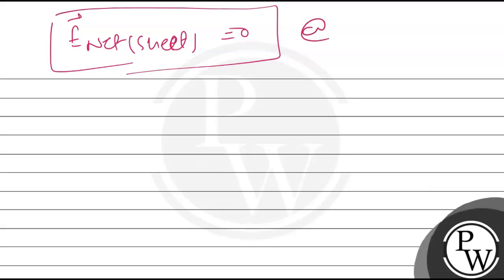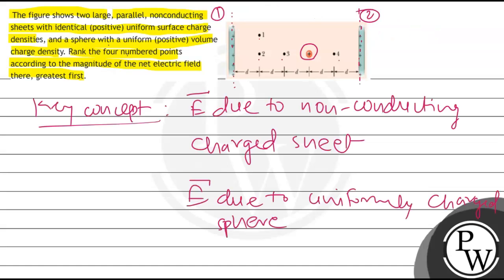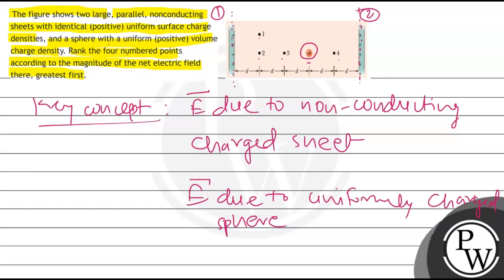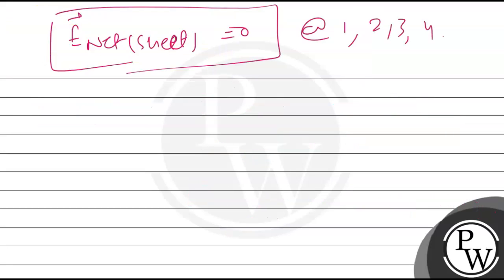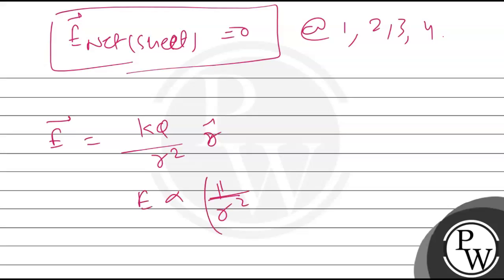That means at point 1, point 2, point 3 and point 4. Now let us write the electric field due to the sphere. As we know, the electric field due to the sphere is equal to kQ upon r square, r cap. So the electric field is directly proportional to 1 upon r square.